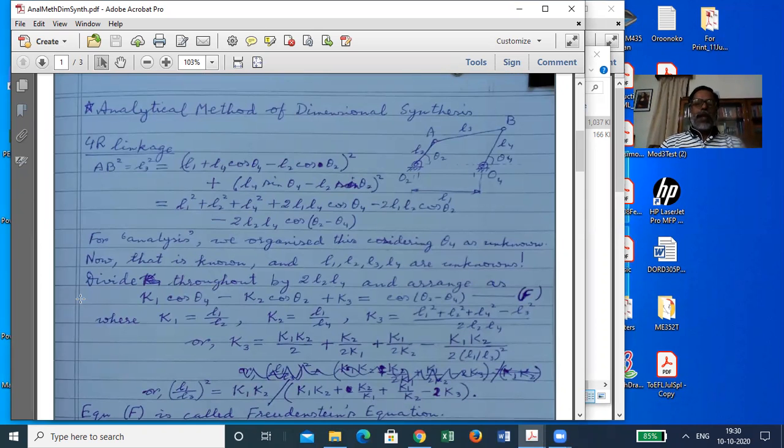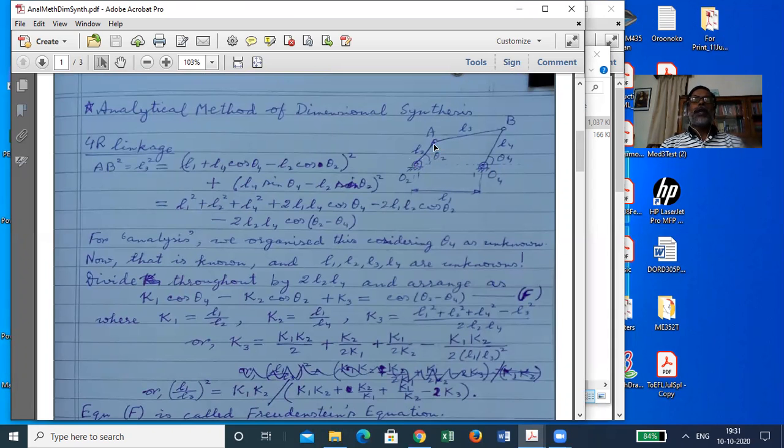So this figure and this equation we have seen earlier also. So you see, this is L1, this is L2, this is L3, this is L4, and based on that, with this angle and this angle denoted by theta 2 and theta 4, we get the coordinates of A, where this is 0 0, this is L1 0, right?